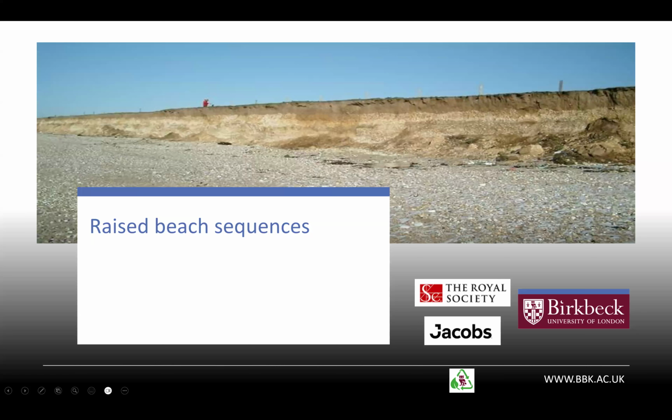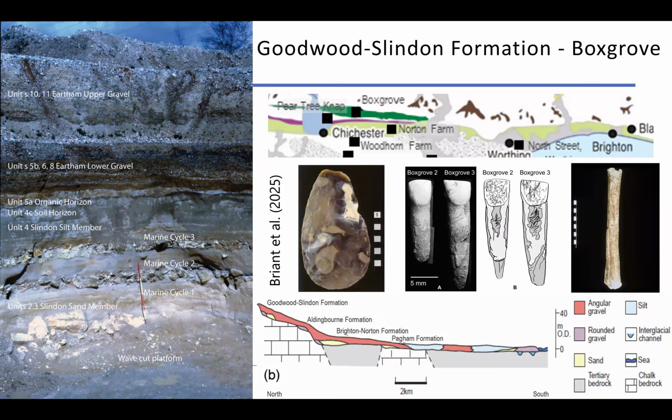Okay, so what are the raised beach sequences? They're not just those little blobs on the map. So the Goodwood-Slindon Formation, the dark green in the blow up on the right there. The most famous site in the Goodwood-Slindon Formation is at Boxgrove. So this was a quarry where they found a lot of archaeology and had to stop.